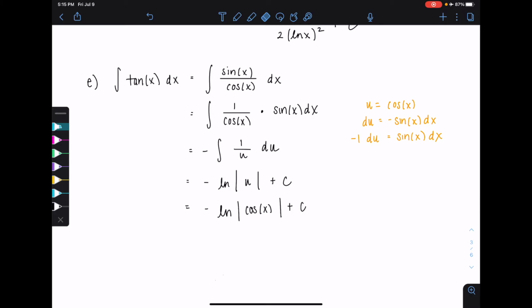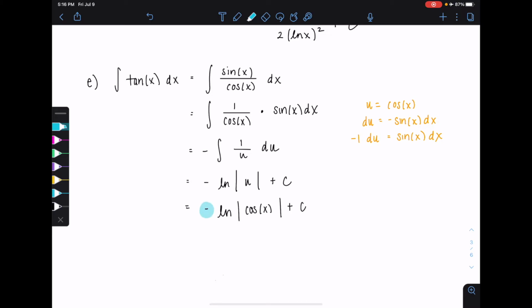Now this technically is a perfectly fine way to leave the antiderivative, but I do want to show you another form of this. Because if you think about some of your Pythagorean identities, sines and cosines are related, tangent and secant are related by a Pythagorean identity. Same thing with cotangent and cosecant. So what I want to do is relate tangent to secant.